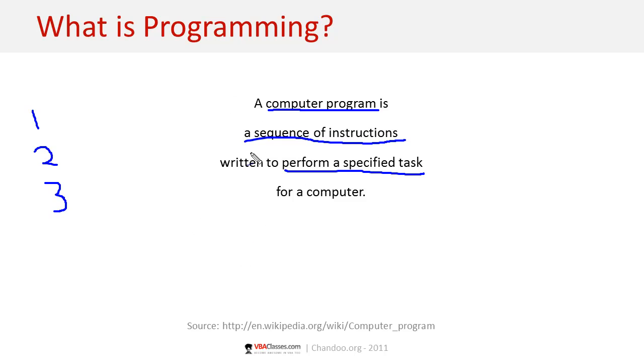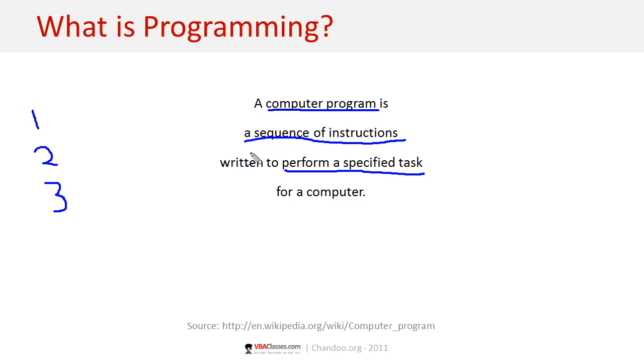So essentially a computer program is like a piece of magic. Imagine you writing the instructions on paper and giving it to the computer. So the computer can magically execute or go through these steps one after another and then finish the specified task for you. So that is what a program is.